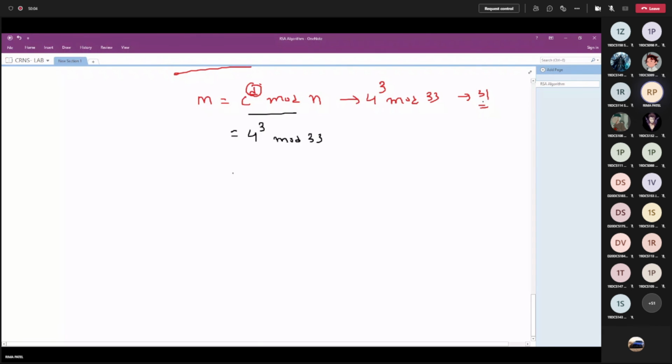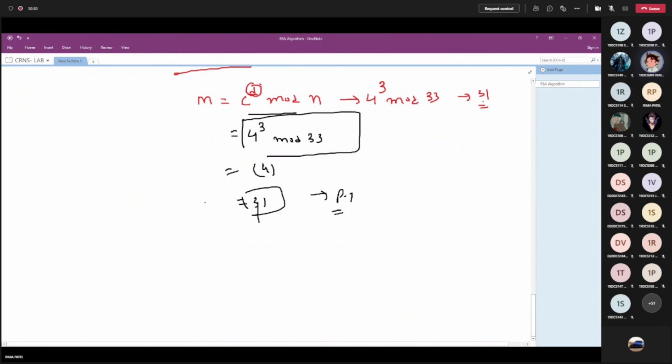So 4 raised to 3. We know how to solve modular exponentiation. Directly we can do it: 4 raised to 3 is 64, and 64 mod 33, so you'll be getting 31. So this was my plain text.